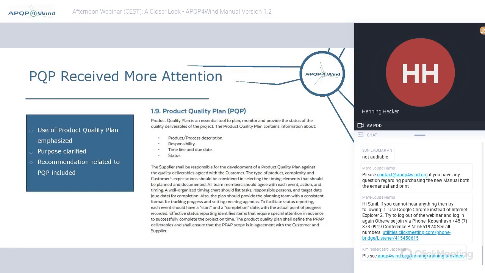So if you use PQP as a guiding tool, it will make your life much easier than it was in the past. So that's why we put a lot of improvement, for example, in the different templates. When you check, for example, the workbook, we added some more lines and some more comments.